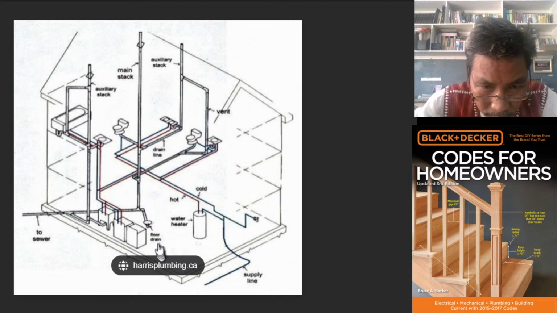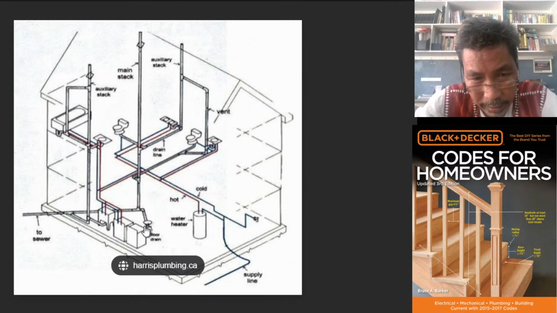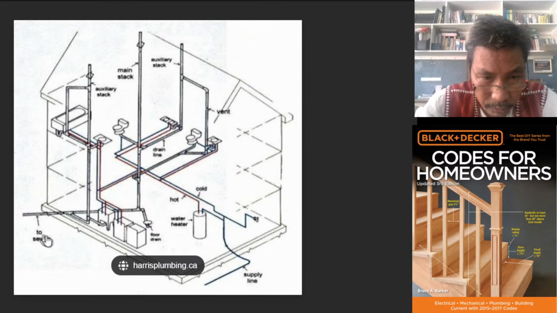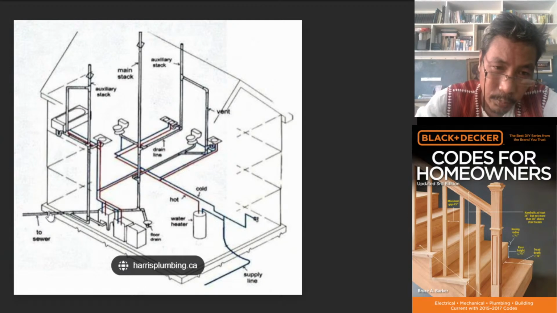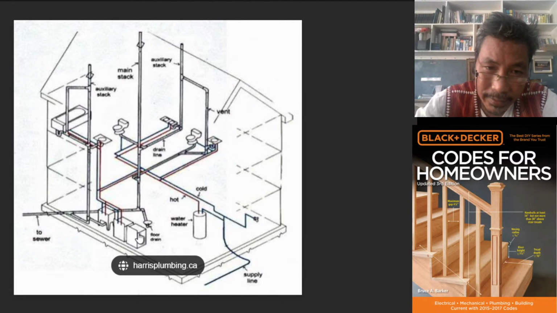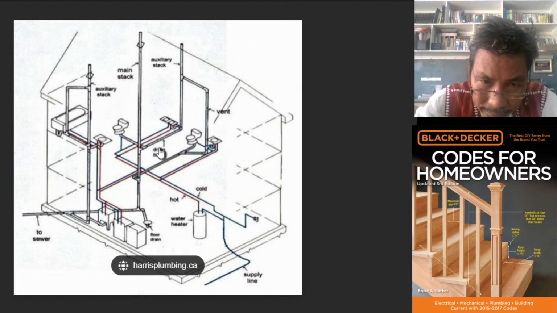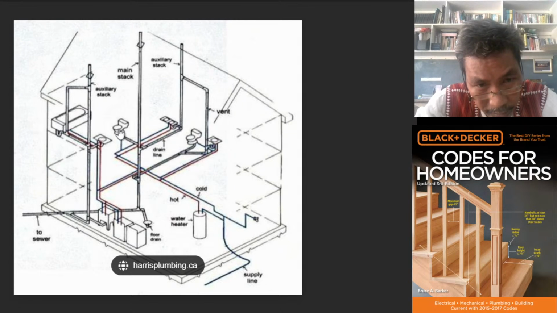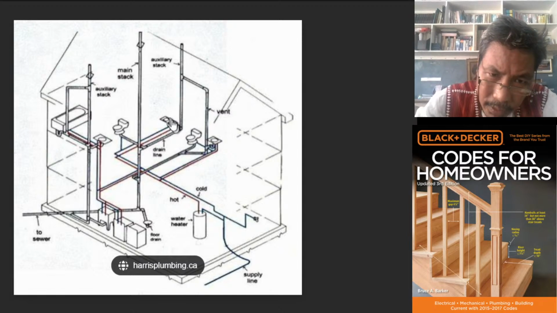What else? Floor drain. So floor drain here goes to the sewer, meaning to the building sewer. The building sewer is expected to be outside the building. Then the drain line, from the water closet and also from the lavatories.